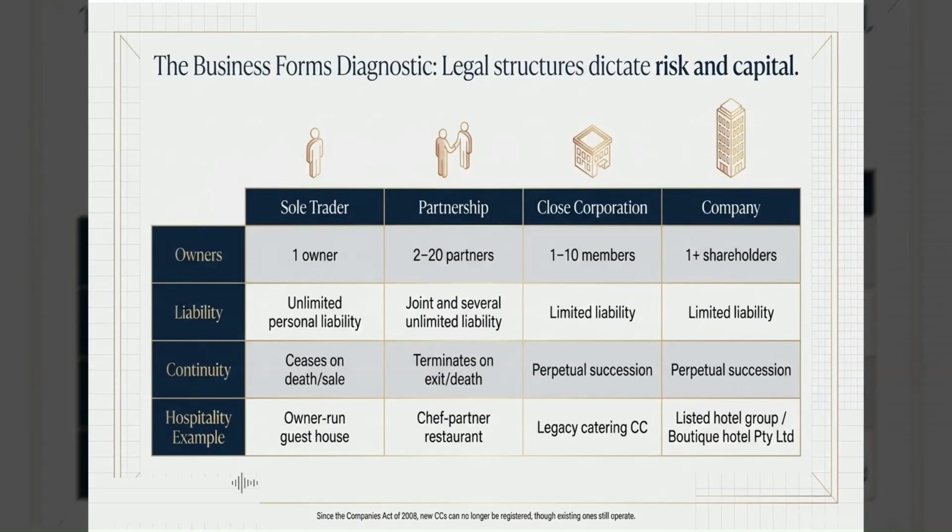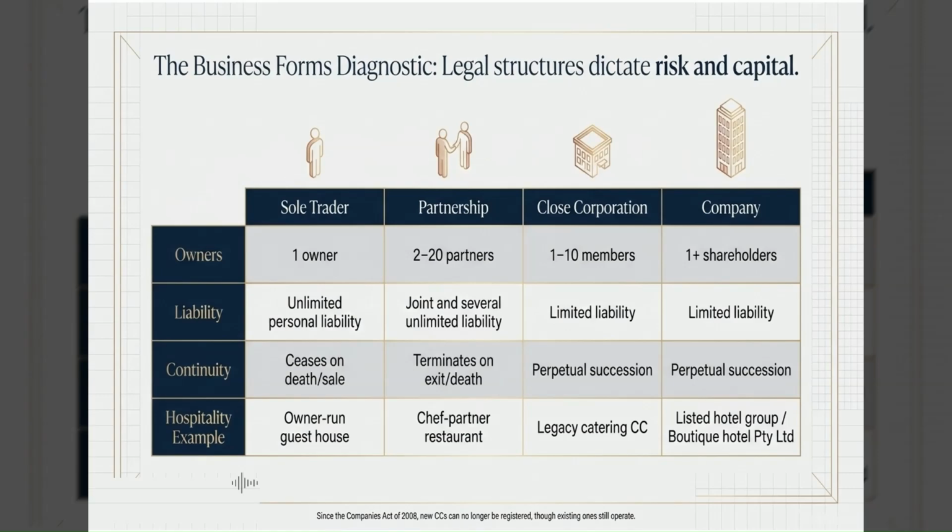Fourth, the company: one or more shareholders, private or public. Again, a separate legal entity, again, limited liability, again, perpetual succession. Shareholders are not liable for the company's debts beyond what they have invested.